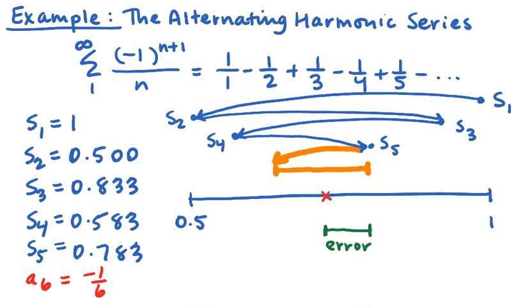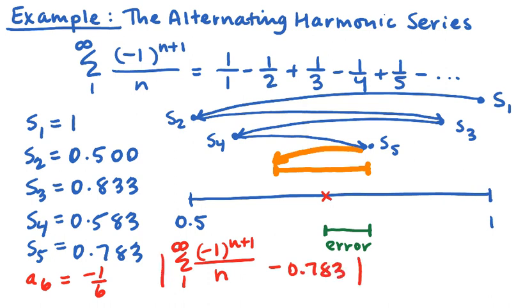So I can conclude that the difference between the true value of this infinite series, the sum of negative 1 to the n over n, and 0.783 is less than 1/6. I know it's less because of the diagram and how this series is going. In general, you say it's less than or equal to.